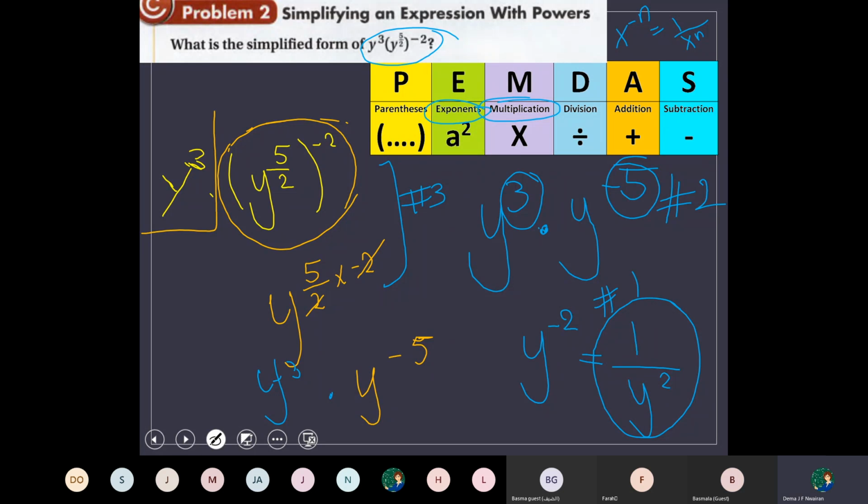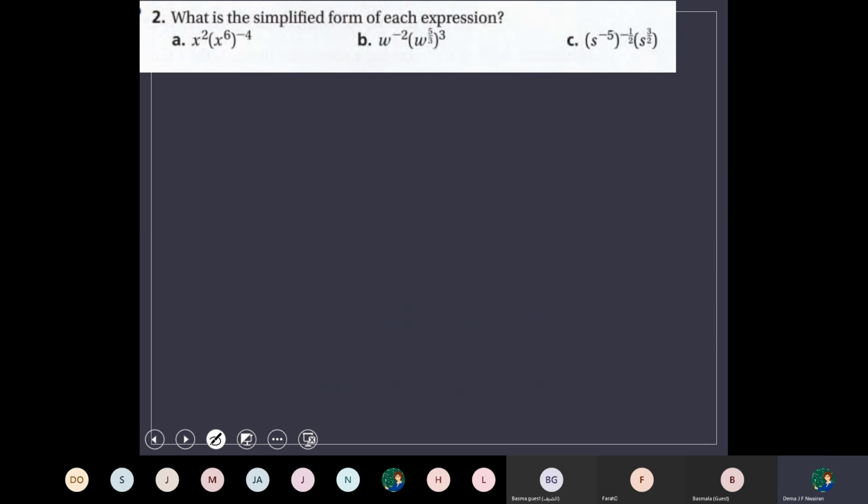You mean this step here? Yeah, the step over the orange. Okay. Why do we cancel 2? It's like simplifying. If you multiply fractions, the first step is to check if you can simplify them. Oh, okay, got it.